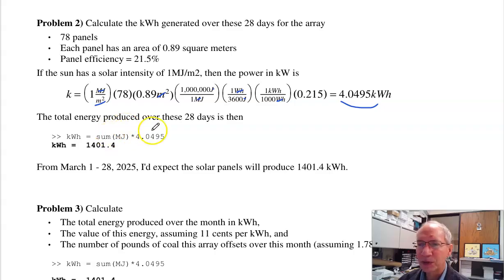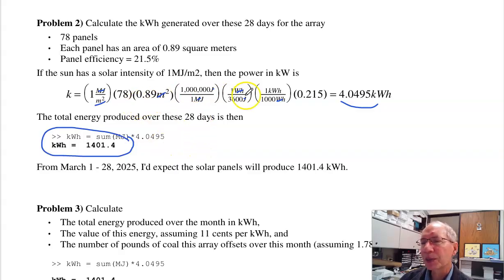Add them all up, that's the total energy in kilowatt-hours. So this is how many kilowatt-hours I produce over that 28-day period. And this trick is pretty common. To convert units, get everything to cancel, and you wind up usually with the right formula. That's the trick in engineering. Watch the units. If the units don't match up, you got it wrong. If the units do match up, you probably did it right.